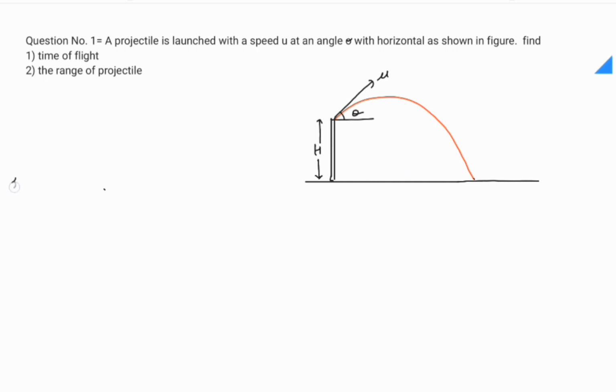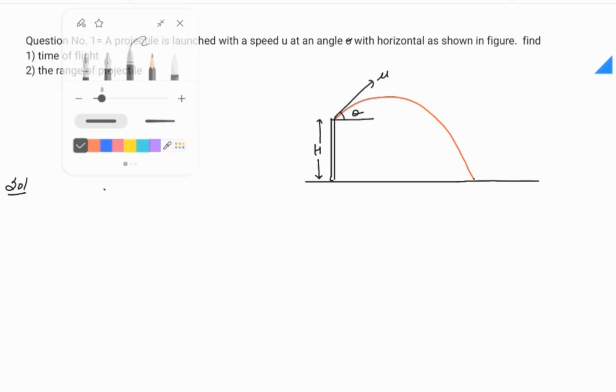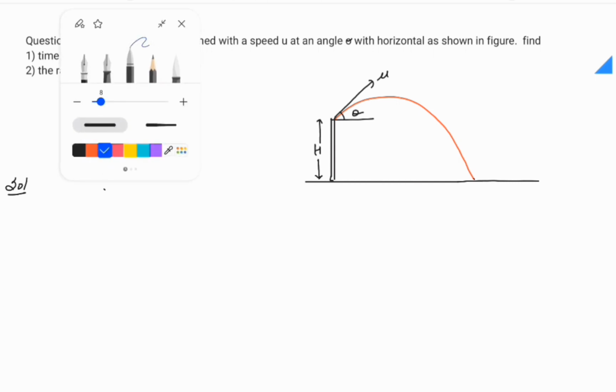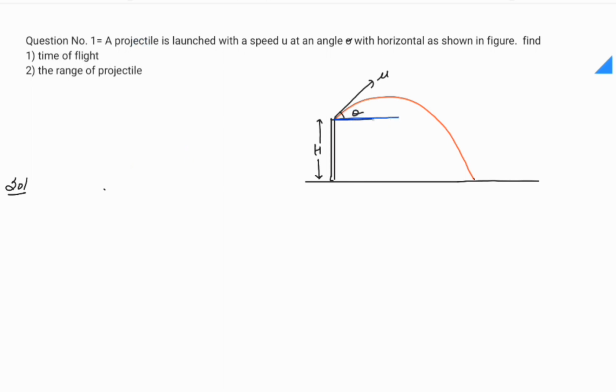Let's see how to solve this type of question when the projection is from the tower at an angle of theta. Okay, first complete the diagram. If the initial velocity is u, what will be the velocity in the x-axis direction, in the horizontal direction? This is going to be u cos theta. If this is the initial velocity in the x-axis, what is going to be the velocity in the y-axis?